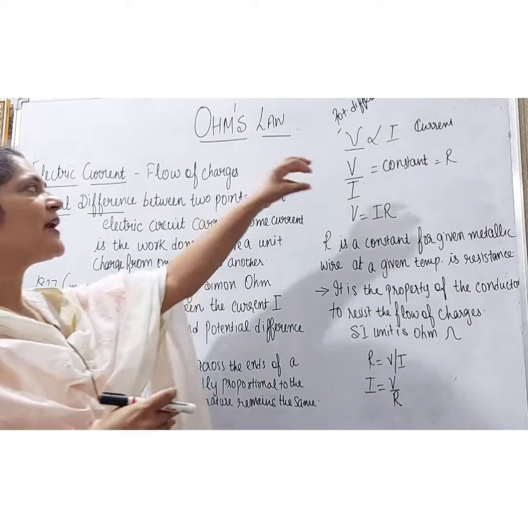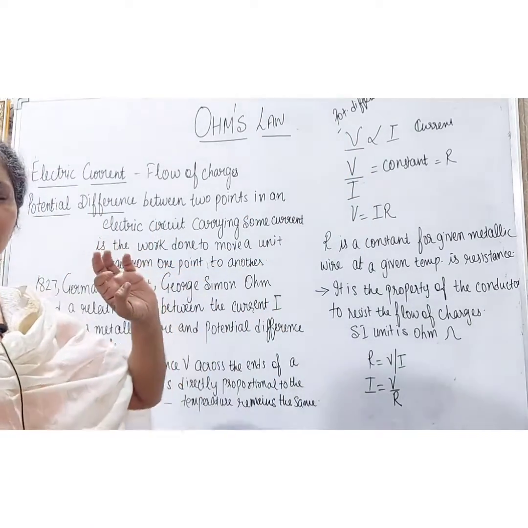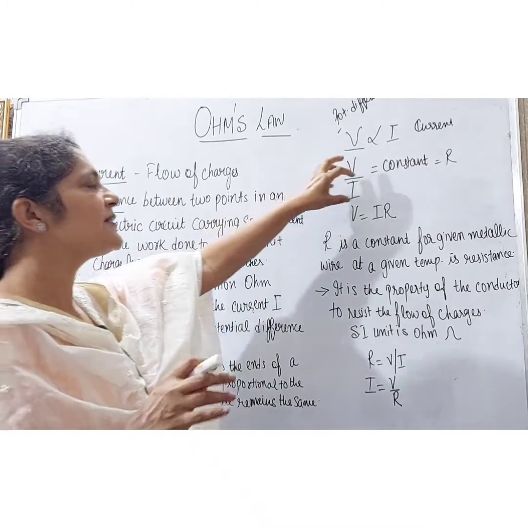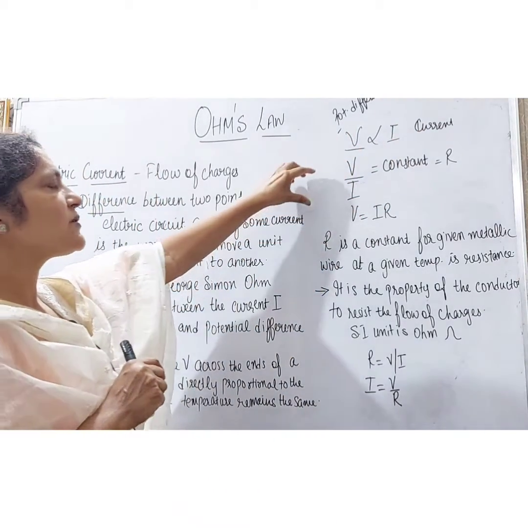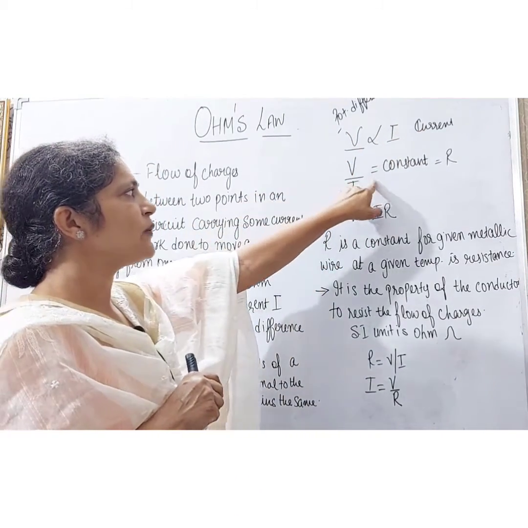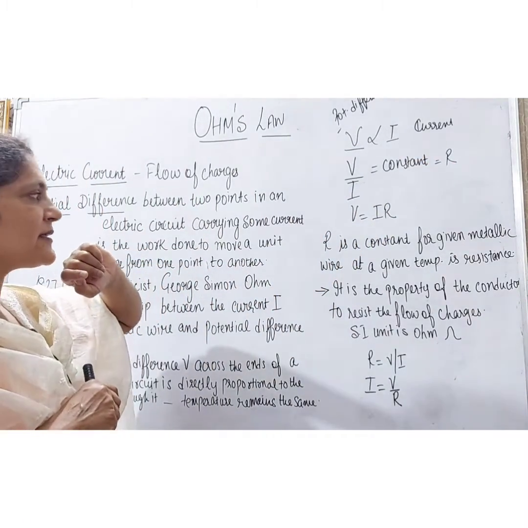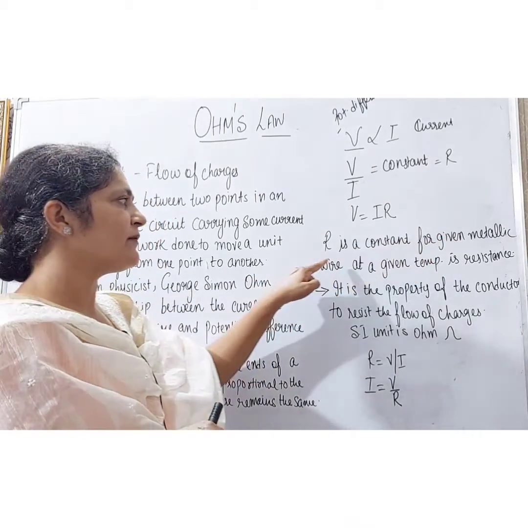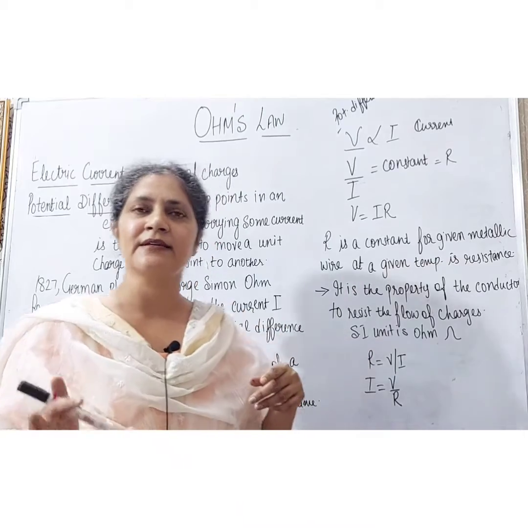Now, when we have to remove the sign of proportionality, we always replace it with some constant. Here we use the constant R, which is known as the resistance. So, V upon I is equal to a constant, which is R, the resistance. R is a constant for a given metallic wire at a given temperature.